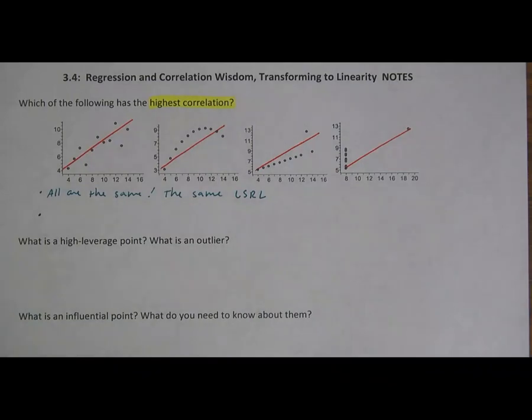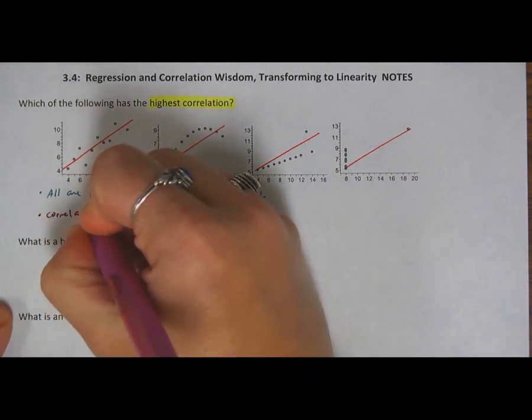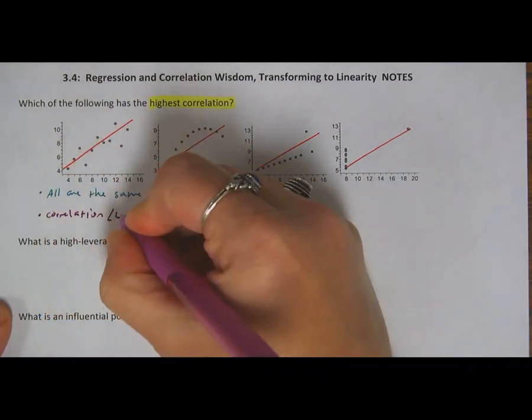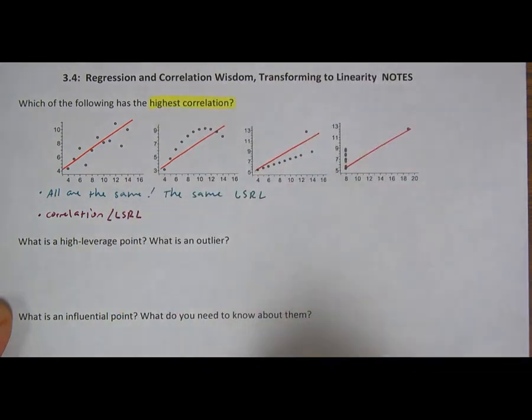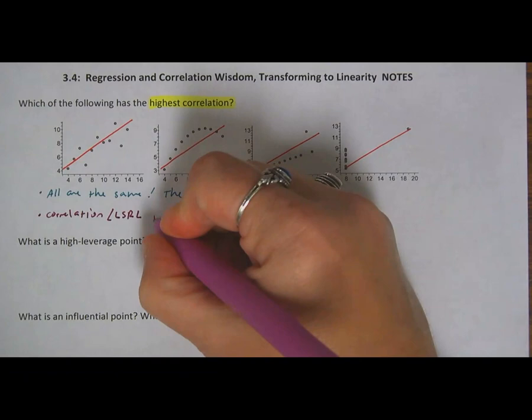So the takeaway here, right before the test coming up next week, is that I drive the point home that correlation and the least squares regression line just supplement a scatter plot.